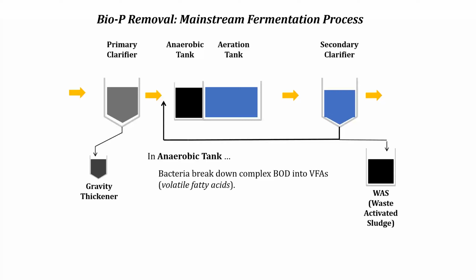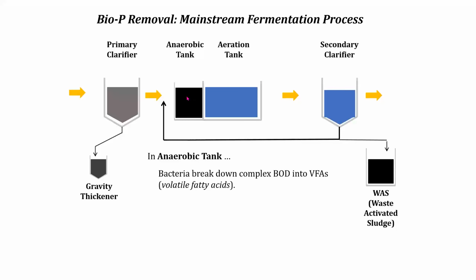So phosphorus removal. Plants have this anaerobic zone, so there's mixing, but no addition of dissolved oxygen. Many times, unfortunately, in my opinion, it's preceded by a primary clarifier, which just takes some of the BOD out. So we're looking for a high BOD.